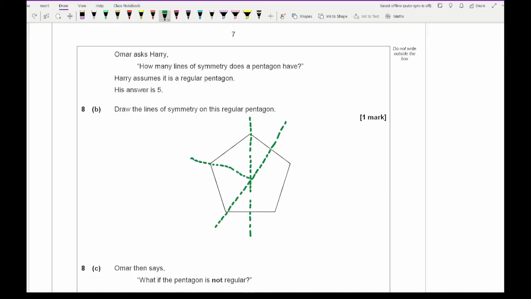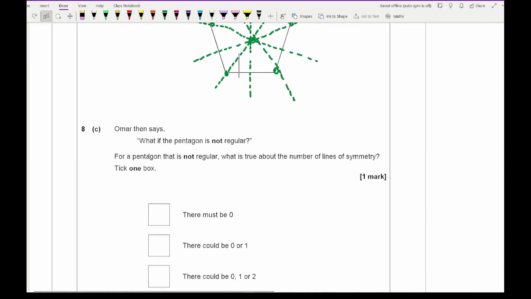So all I'm doing is going through each of the vertices. The other one is here, and my final one, which should go through all the points. Now again, just make sure that all those lines cut through each of the vertices, so each of the corners, and obviously you get a little star effect in the middle. Now again, if you did dotted lines or straight lines, that would be absolutely fine.